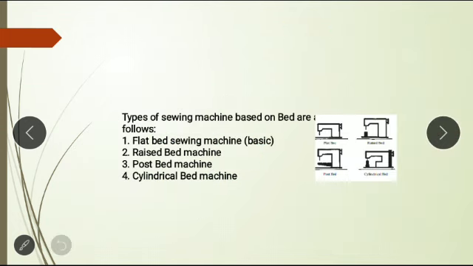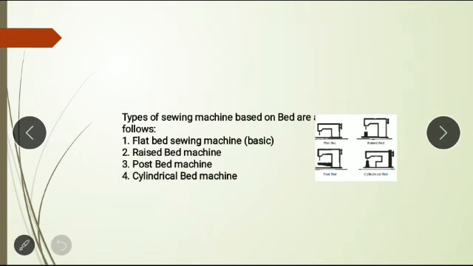Now these are the different types of machines based on bed and stitching. We have flat bed sewing machines. When we do practicals, you will get more information about these kinds of machines. Flat bed machines, raised bed machines, cylindrical bed machines.